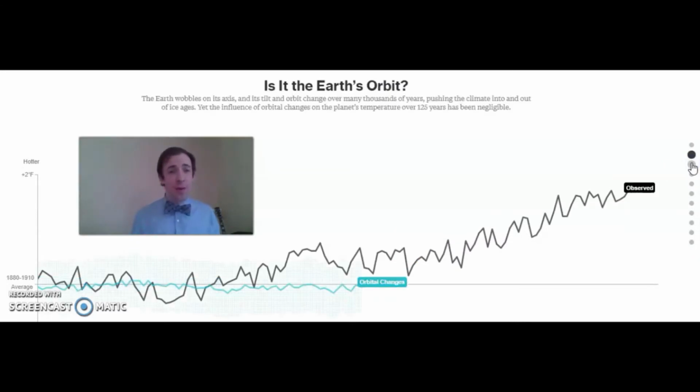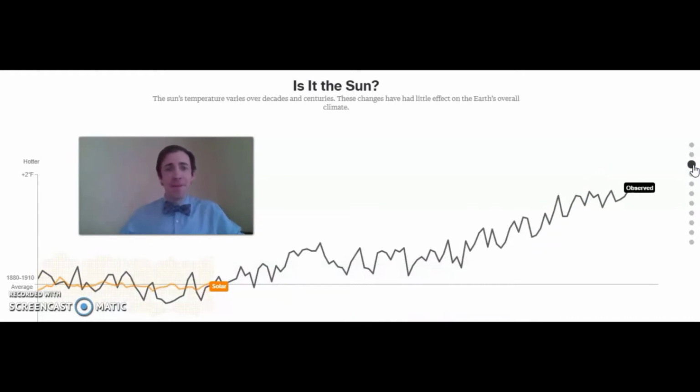First, the Earth's orbit does vary from time to time. The Earth is on a wobble. And as the Earth's orbit changes, we do see some variation in our model, but it is not nearly to the extent of the variation that we see in our observed temperature change. So if we go to the next one, this is often talked about: the sun. The sun, as we've mentioned, is where most of the energy that the Earth has is coming from.